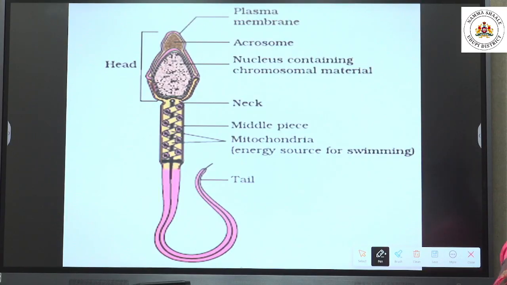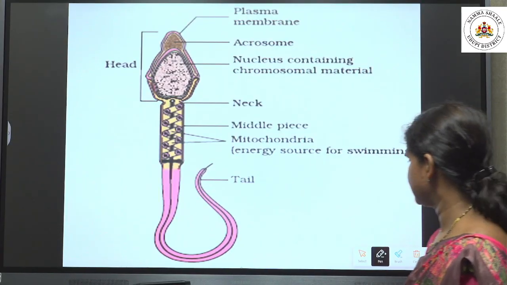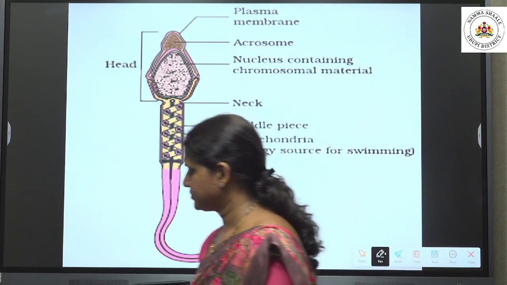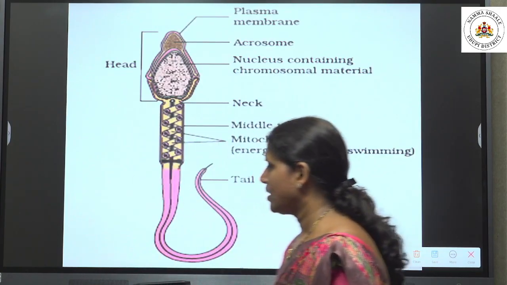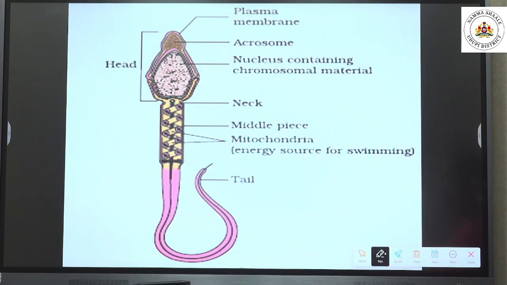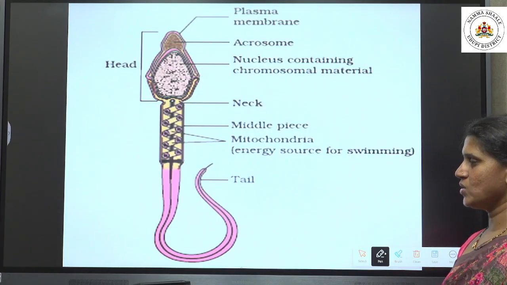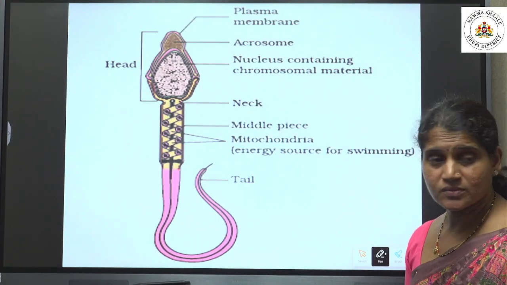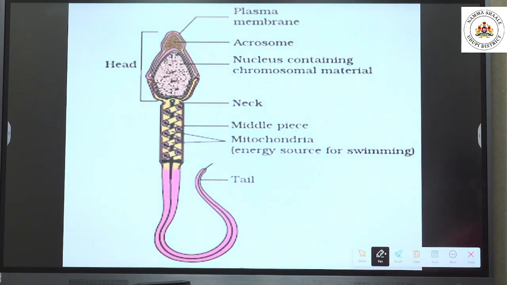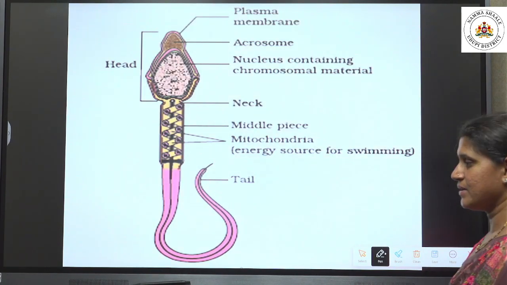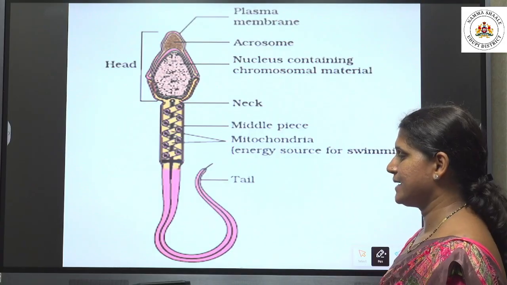The middle piece of the sperm contains mitochondria, Golgi complex, centriole. So the first option is wrong. The second option is axial filament, centriole, axial filament.